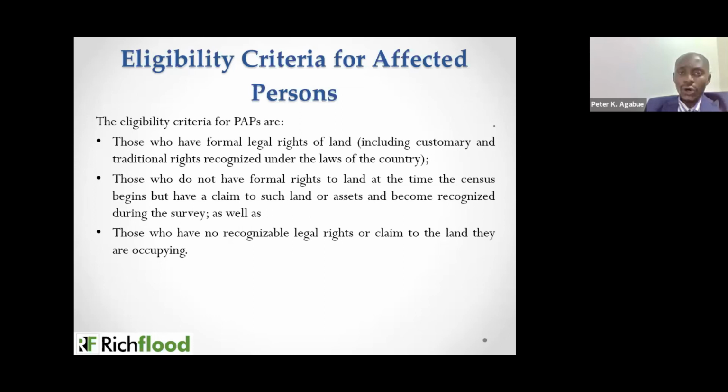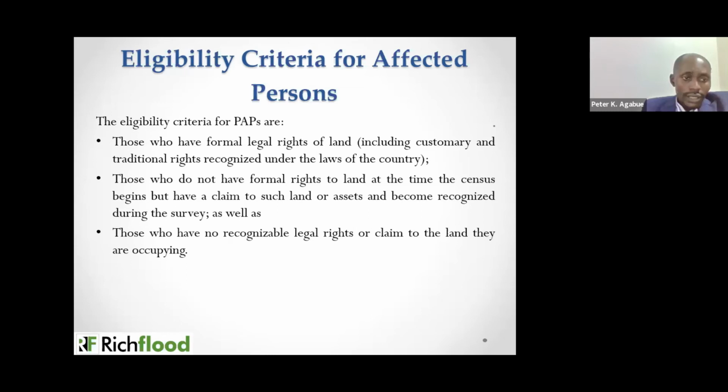Or it may be those who do not have formal rights to the land at the time the census began, but have a claim to such land or assets and become recognized during this survey, as well as those who have no recognizable legal rights and claim to the land that they are occupying.